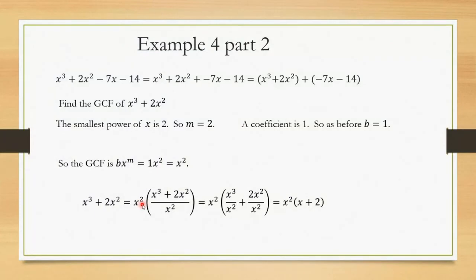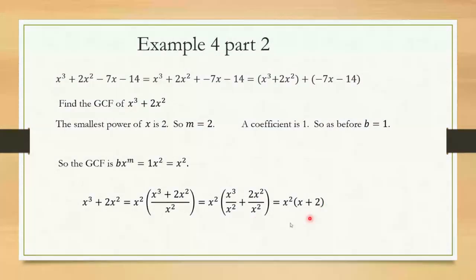Let's factor it out. We have it in front, and then we divide to see what's left over, right? When you divide into each term, as you can see, that's how you divide. The first quotient gives you x.